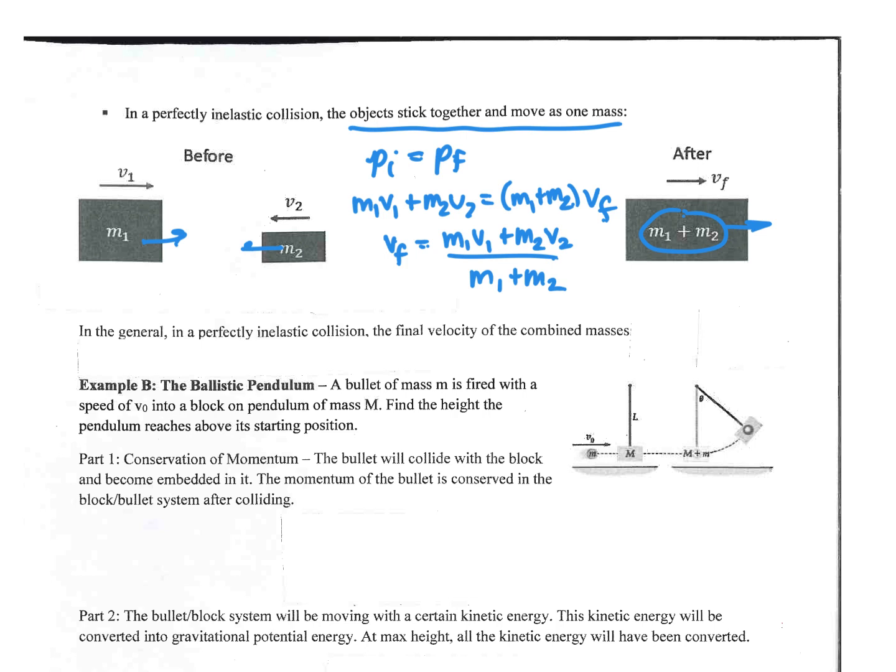So it's the sum of the initial momentum divided by the total mass.